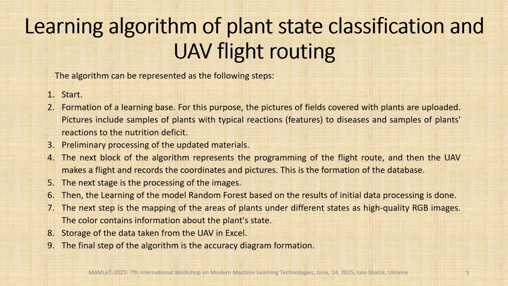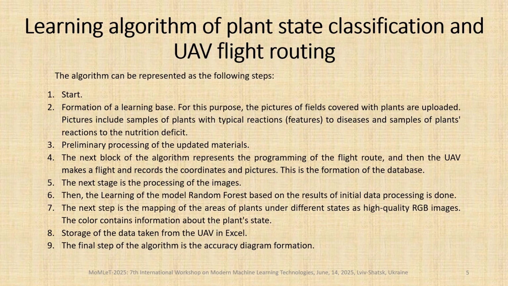The process begins with continuous capture of high-resolution RGB images using a camera mounted on the unmanned aerial vehicle. At the final stage, a detailed condition map of the field is generated along with a flight route for the targeted application of fertilizers and protective sprays.